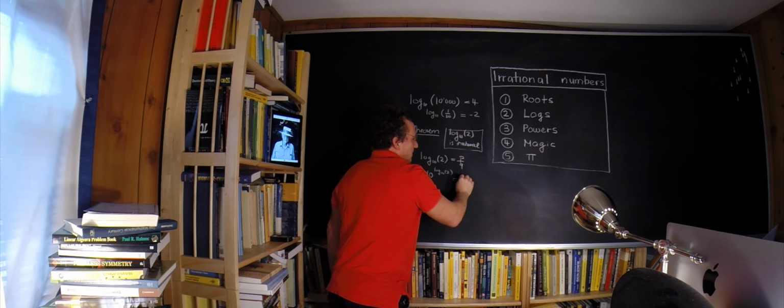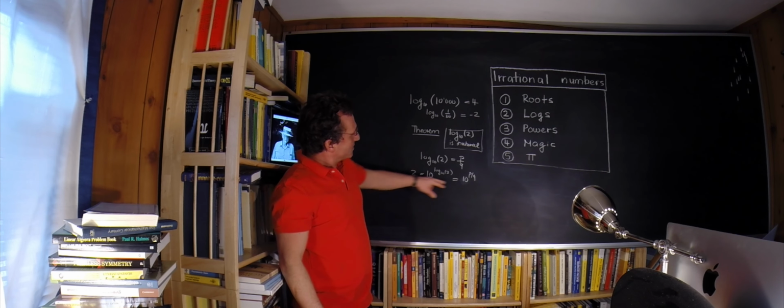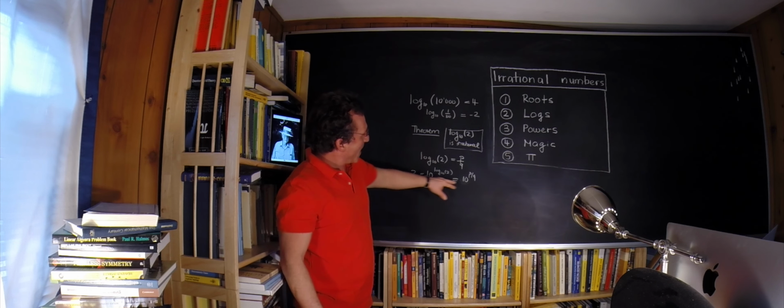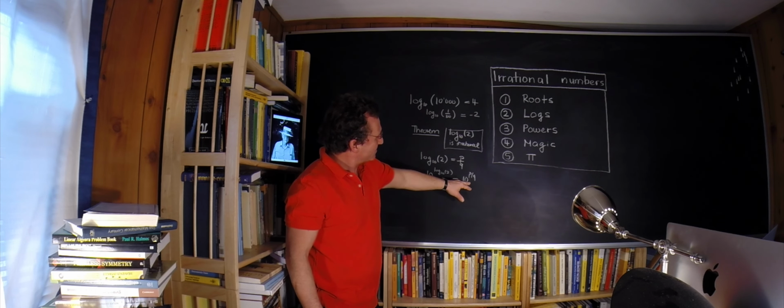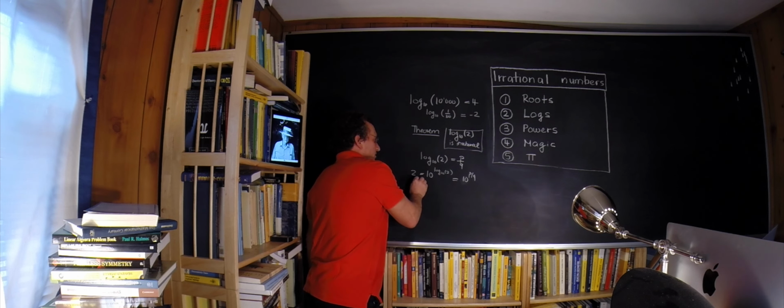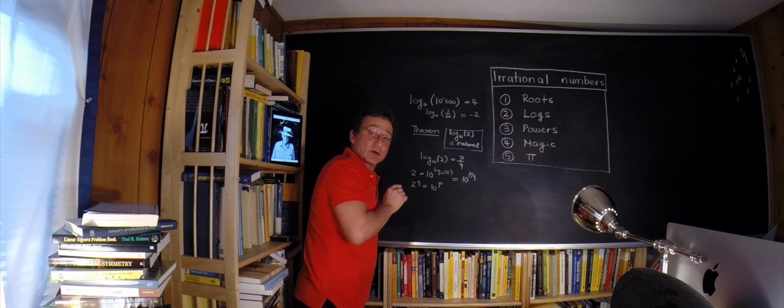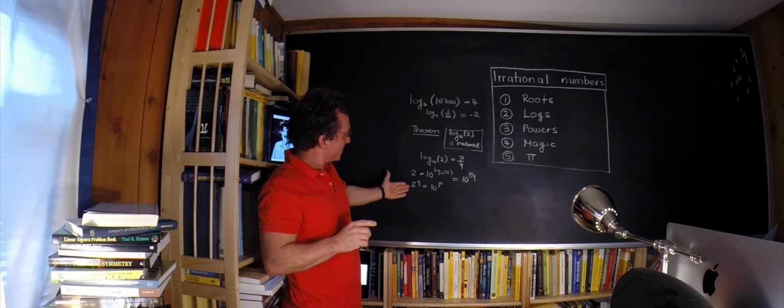And on the right-hand side we have 10 to the p over q. It's still not clear. We also have to take the power q here. So we have 2 to the q is equal to 10 to the p. I think now it's more clear because we have all integers on both sides, right?